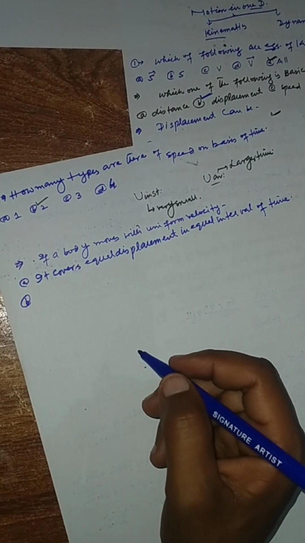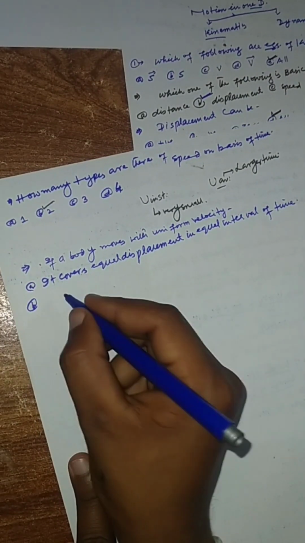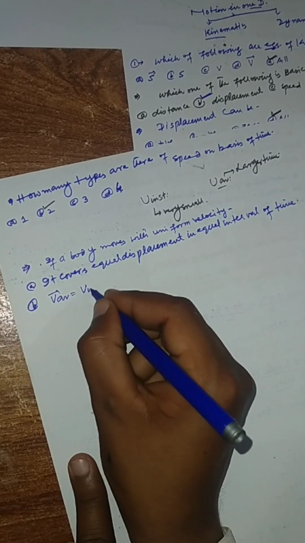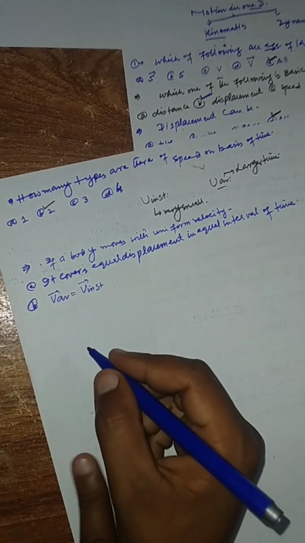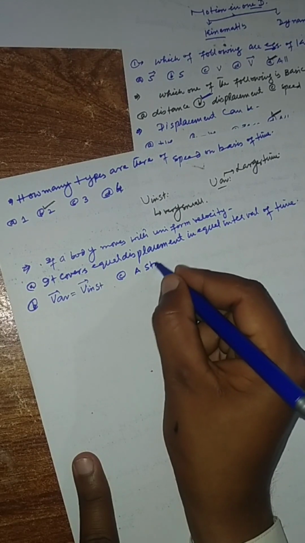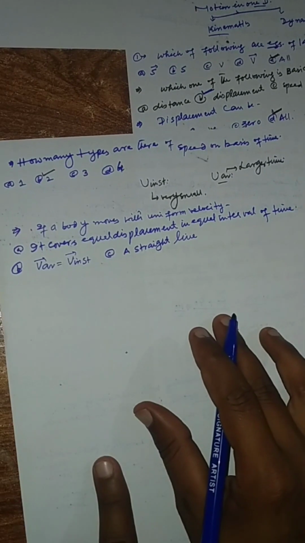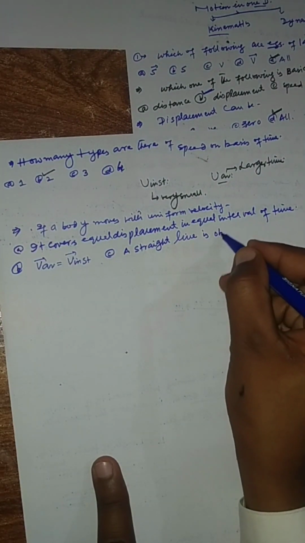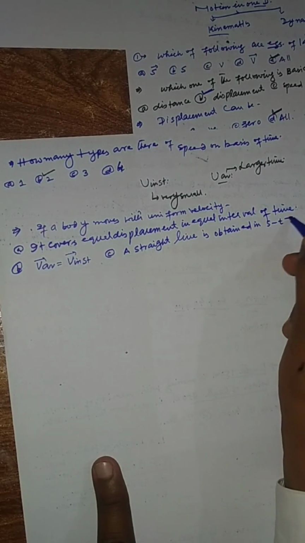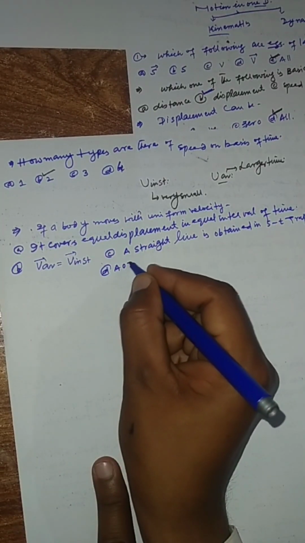or we may say average velocity equals instantaneous velocity, or we may say a straight line is obtained in an ST graph, or option D, all of these.